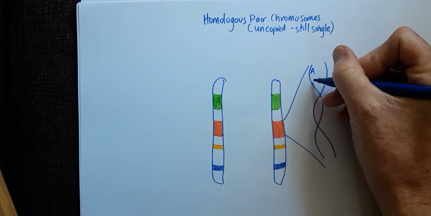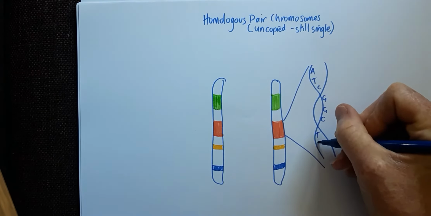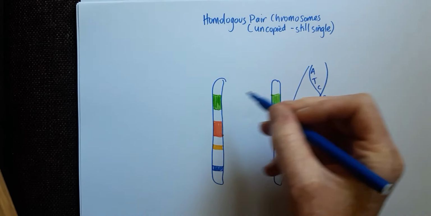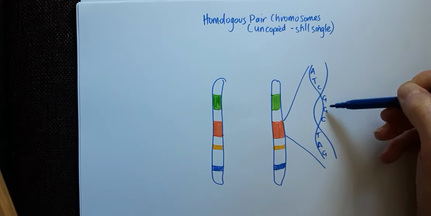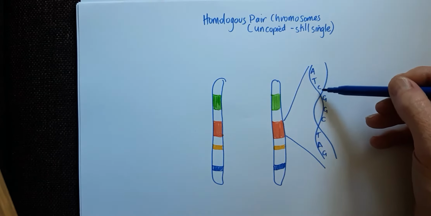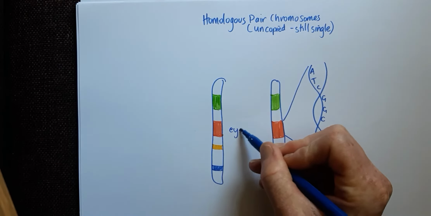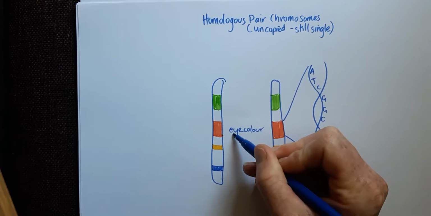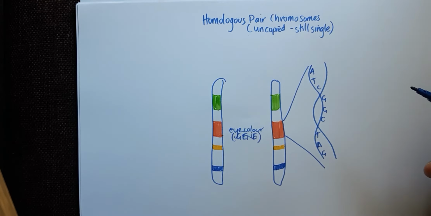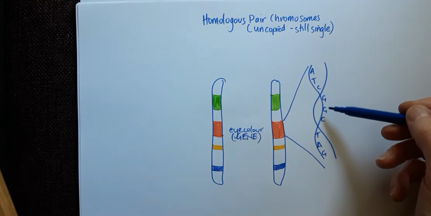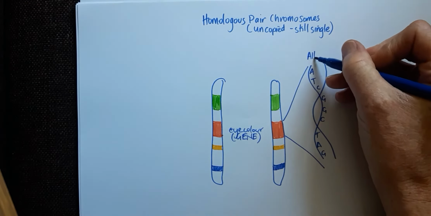Now, if that's an A, a T, a C, a G, a G, a C, a T, an A, a G, that is the combination of letters that will give the instructions for a particular characteristic. So if we just pick the orange one here as eye colour, that is the gene. So the gene is for the eye colour. What we're looking at here, this particular set of instructions, is the allele.